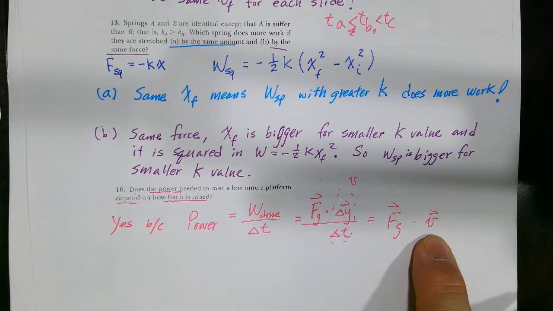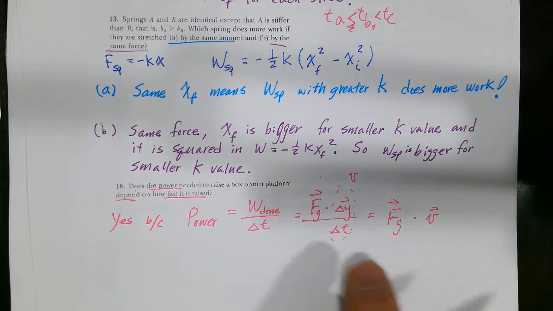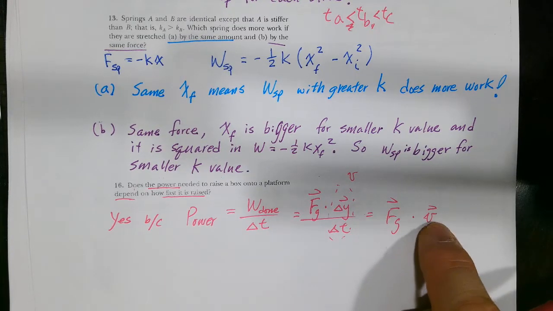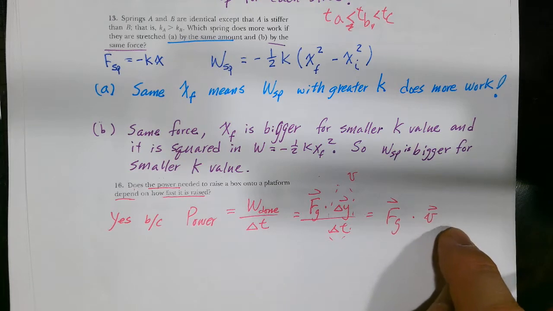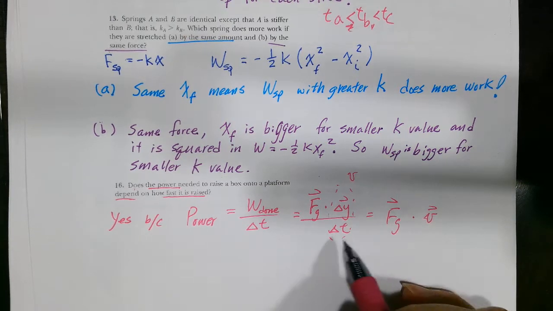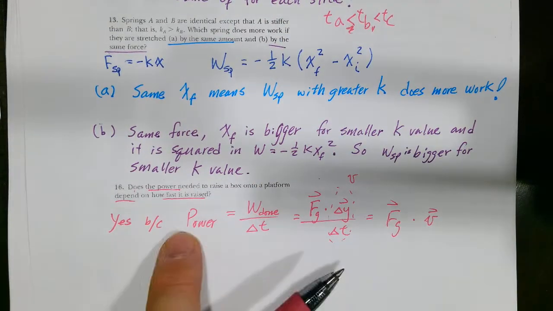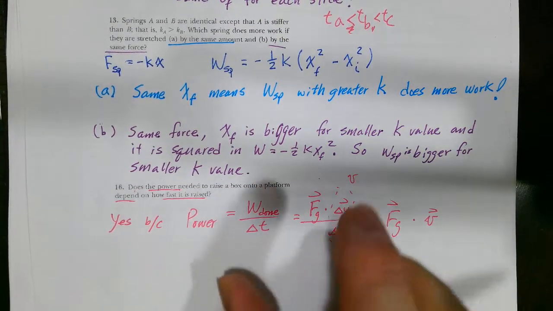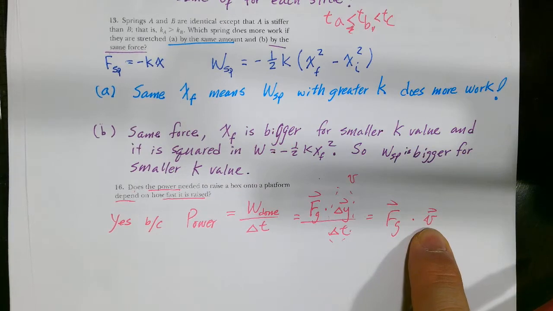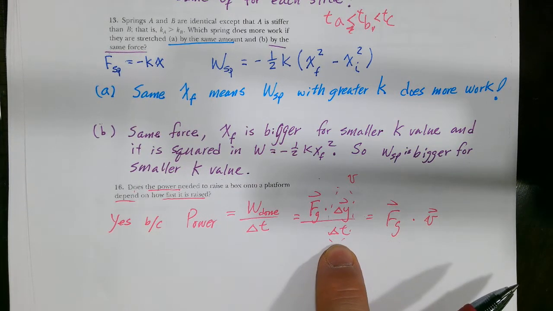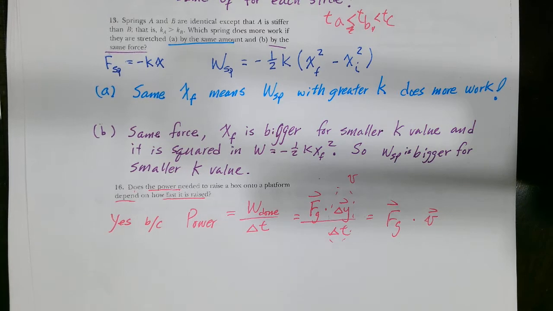Yeah, it makes sense. Either way you look at it, it does depend on time, and it does depend on how fast. Okay. So if you were to do a smaller time, if you just go quickly, it takes a lot more power than going slowly, which means, as well, when you're taking longer time. So yes, it does. Okay.